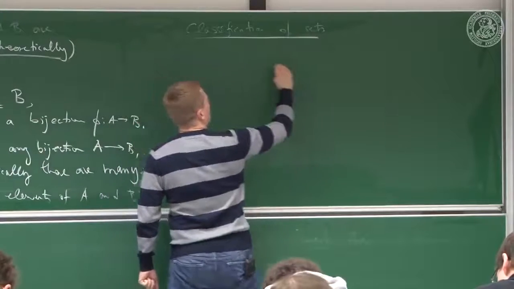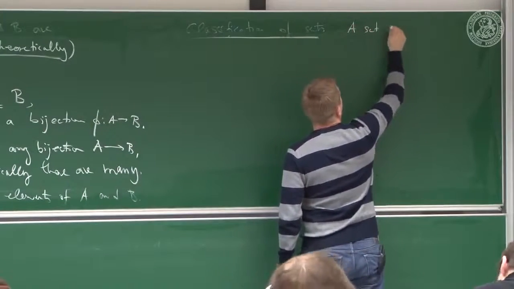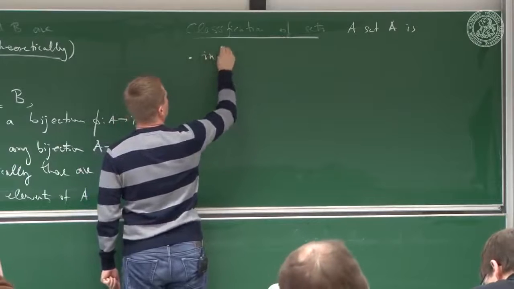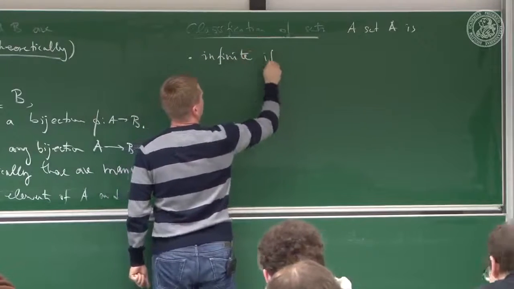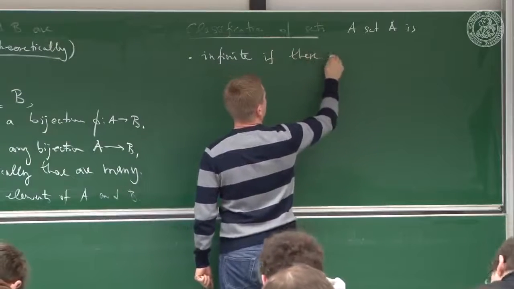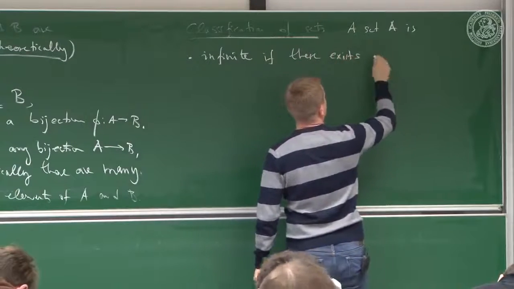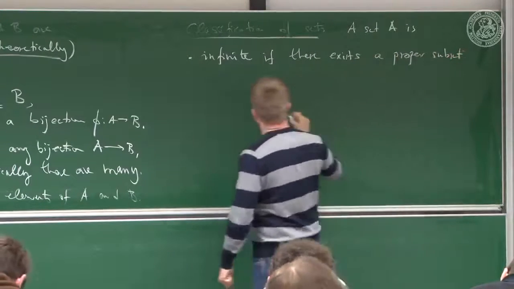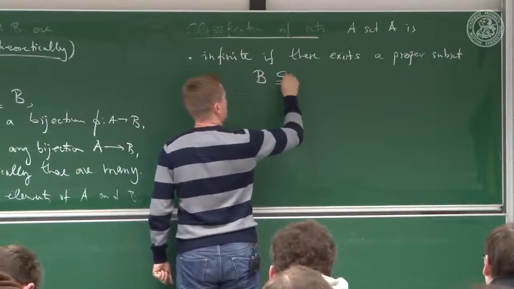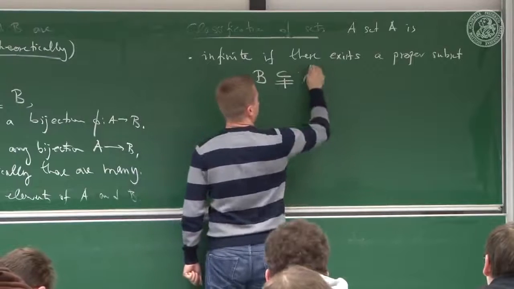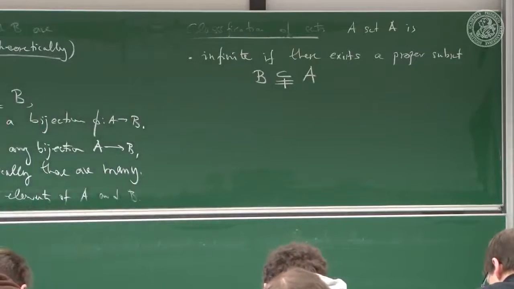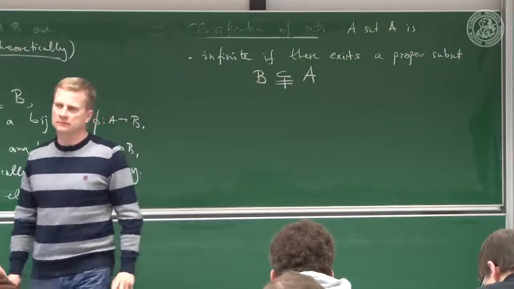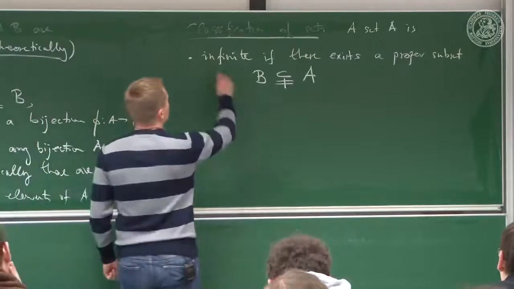A set A is, let's start with the definition of infinite, infinite if there exists a proper subset. What's a proper subset? It's a subset, but by force it's not equal to the set. So the set A contains an element that the subset B does not contain. Okay? It's infinite if there exists a proper subset.